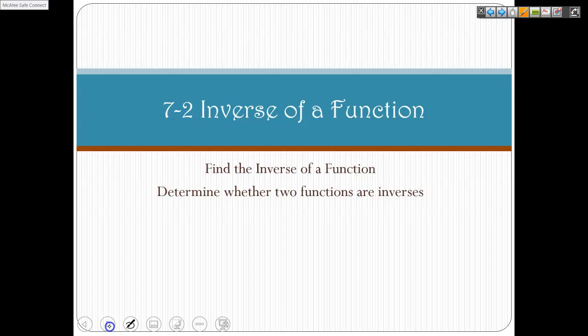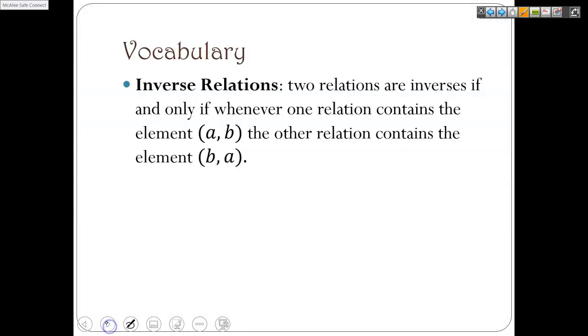It's even more important for tomorrow when we're graphing square roots, that we understand when to put a plus or minus or when not. So today we're focusing on inverses. Inverses are 2 functions whose domains and ranges are opposites of each other.